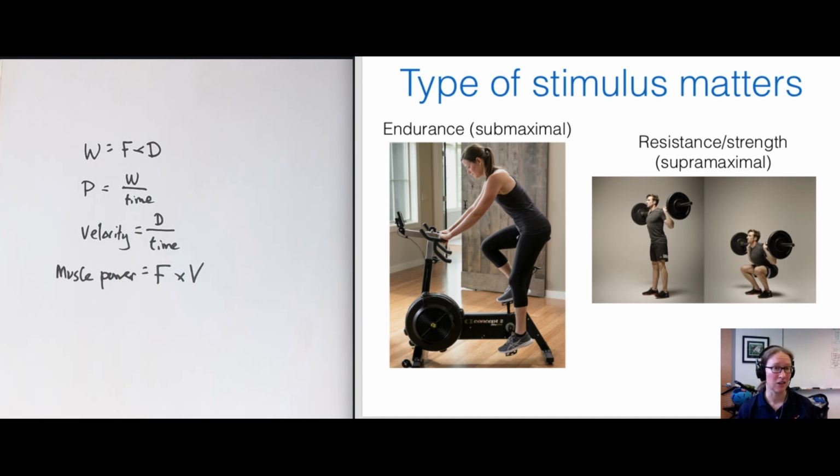So endurance exercise, which takes place at submaximal rate relative to VO2 max, versus a resistance or strength type stimuli, which are what take place when an animal is engaging in supramaximal exercise. So that's exercise that winds up being self-limiting because it's above VO2 max. So muscle tissues are not receiving oxygen at the rate that is necessary to generate ATP.